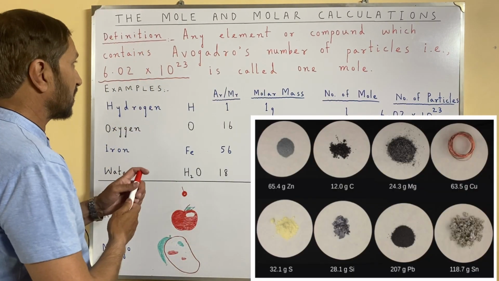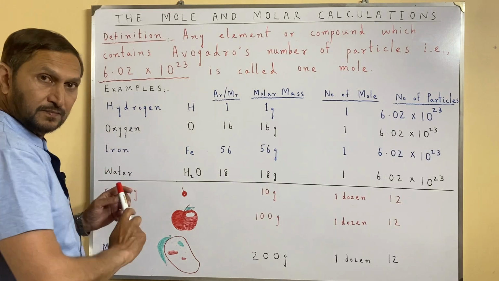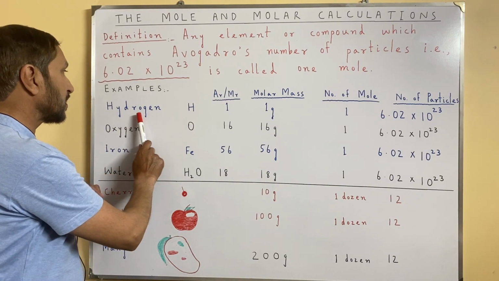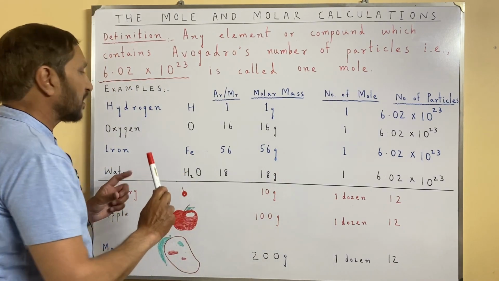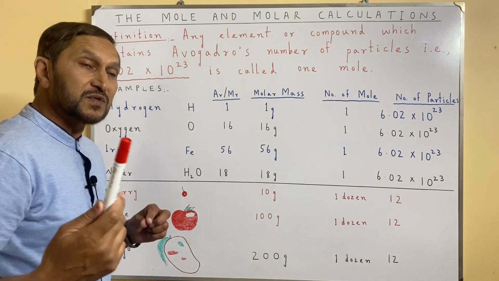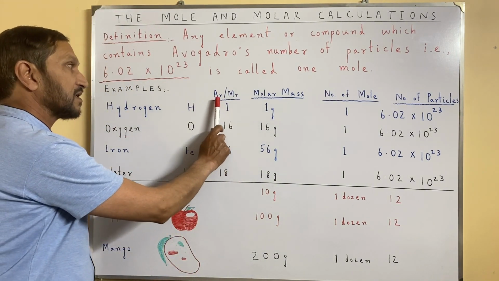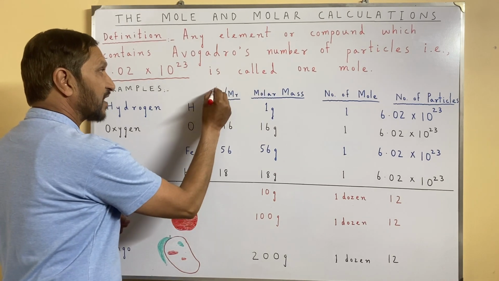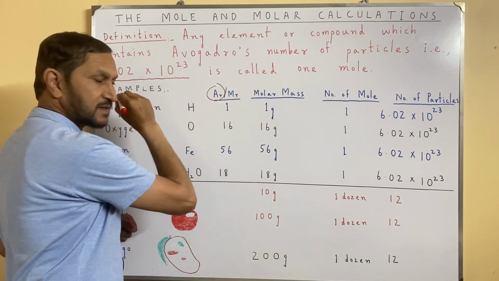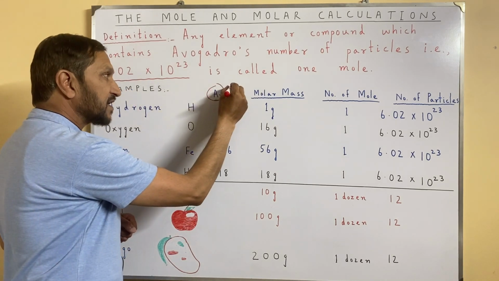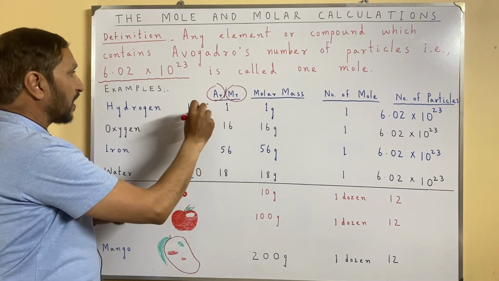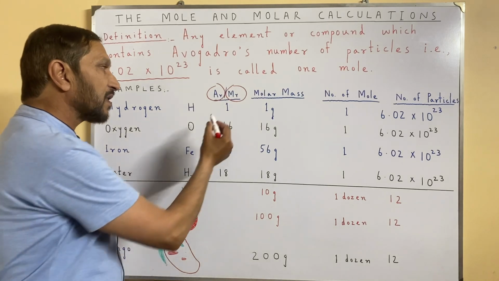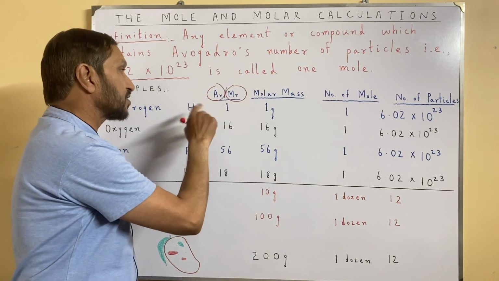For instance, hydrogen. Hydrogen is the smallest element, and if we are considering hydrogen atoms, here AR stands for relative atomic mass and MR stands for relative molecular mass. The atomic mass of the hydrogen atom is 1.